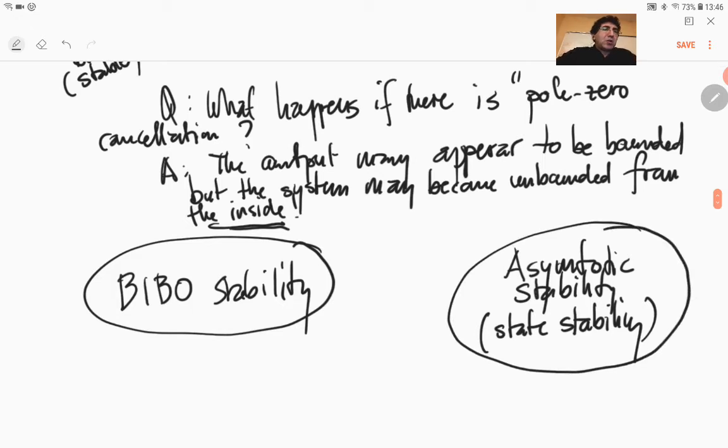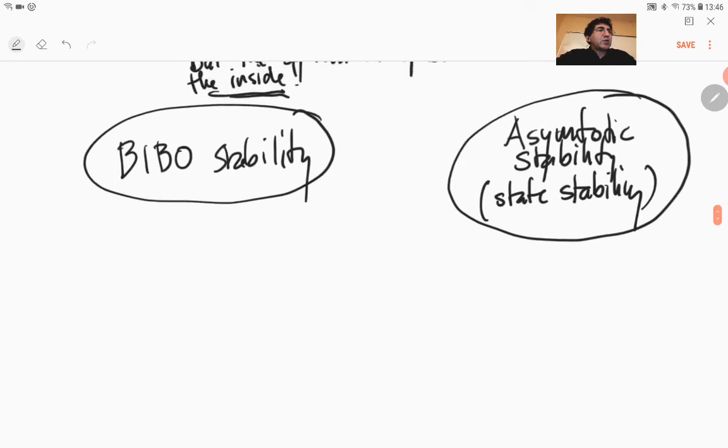So what we do then is not to consider what the input does to affect the output, but we look directly at the denominator of the transfer function, and we consider that to be a characteristic of stability.